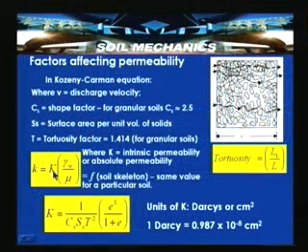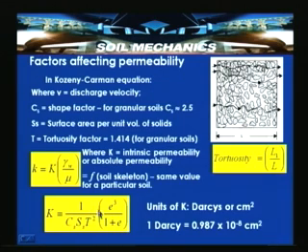Here the capital K is defined as intrinsic permeability or absolute permeability, which is a function of the soil skeleton and is constant for a particular soil type. This K is nothing but 1 by Cs Ss T square, e cube by 1 plus e.